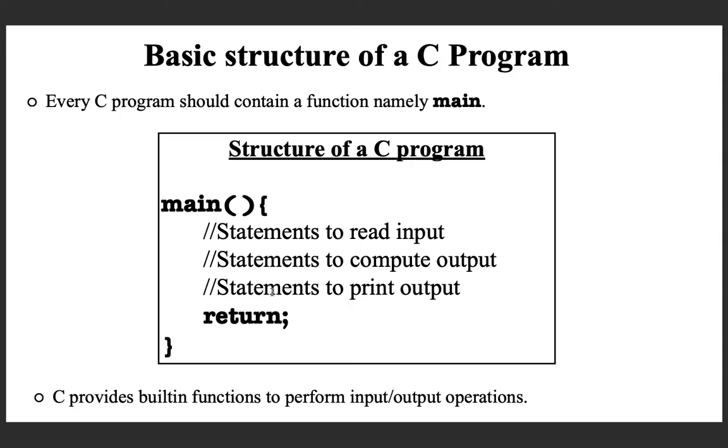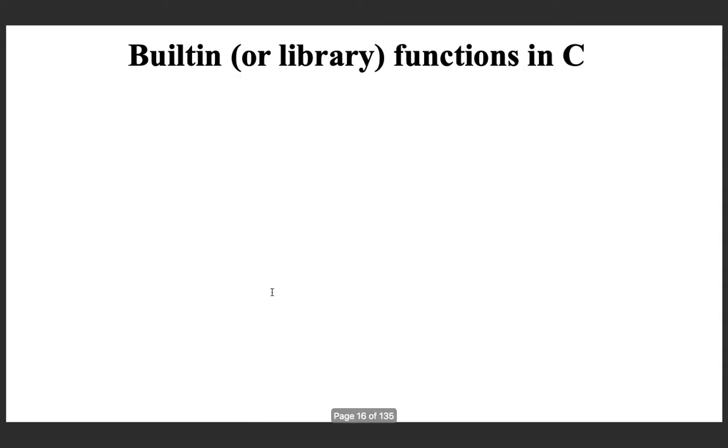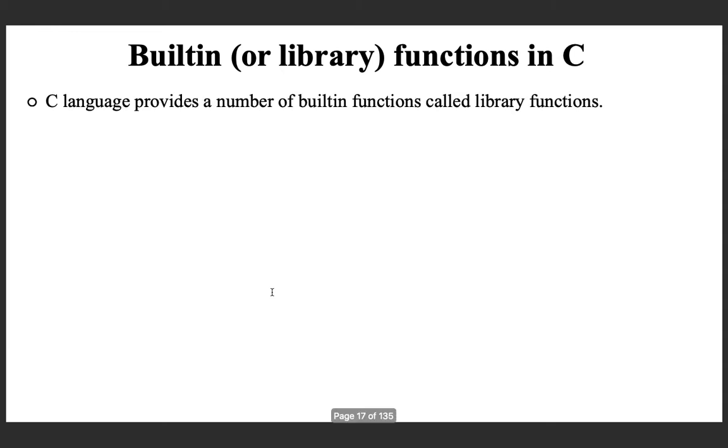The agenda for today is to discuss two such functions. Before we start discussing built-in input-output functions, we can try to understand in general what built-in or library functions are in C. We can try to understand with an example.